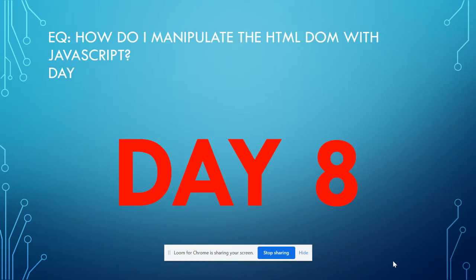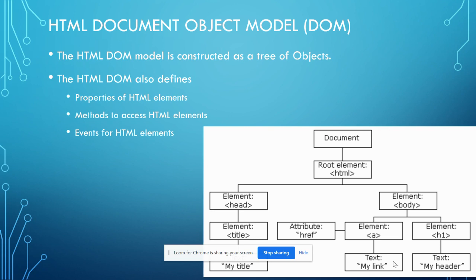I manipulate the HTML DOM with JavaScript. The HTML document object model, known as the DOM, is constructed as a tree of objects. So you have your document, then you've got the root element, the HTML element, and then inside that you might have a head element, a title. Below that you might have your body.